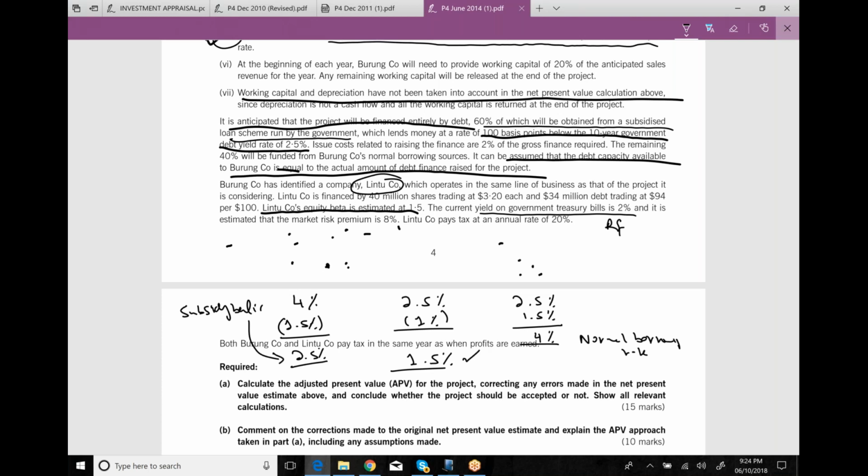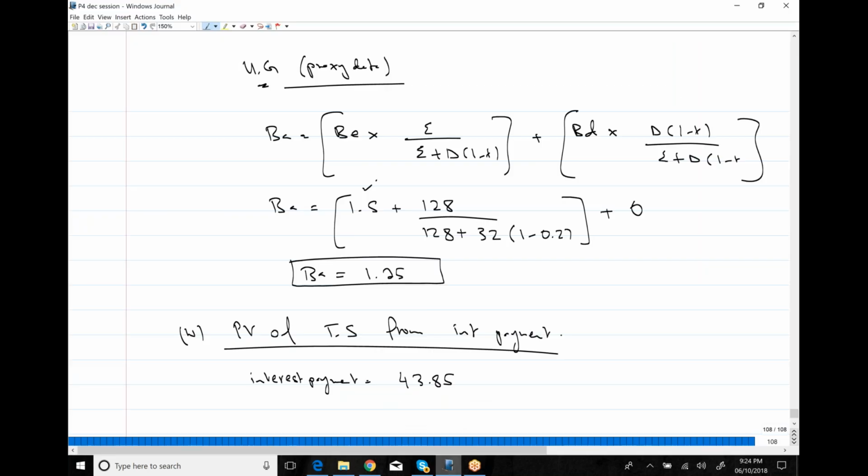So finance required is 43.85. I will multiply with the interest percentage. On 60% of the loan, I will pay the subsidized rate, which is 1.5%.